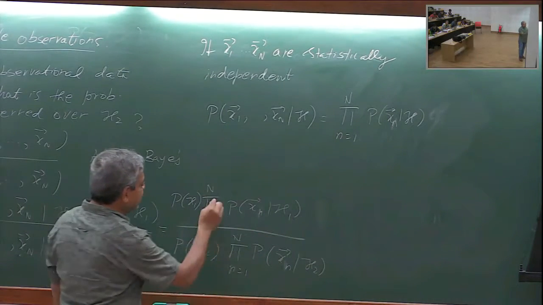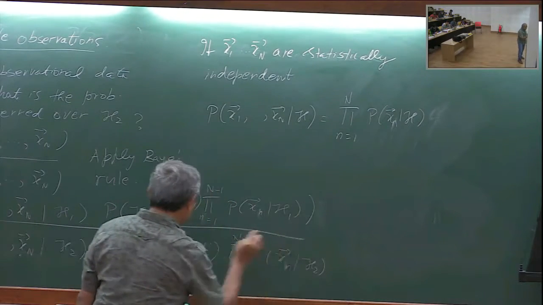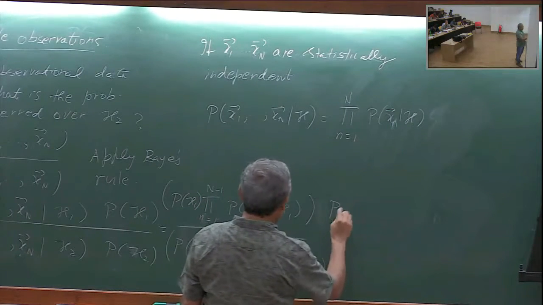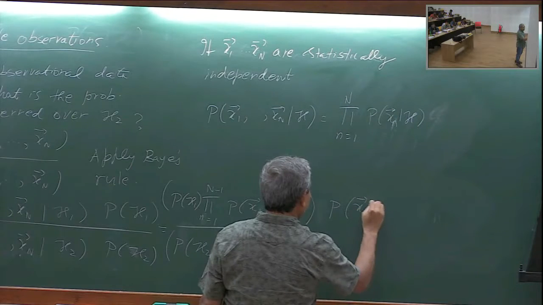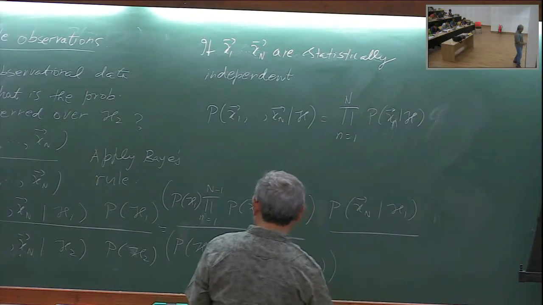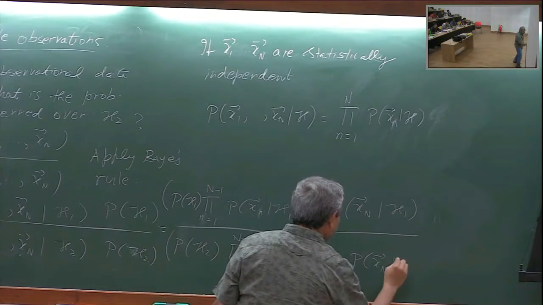It's easy for me to do it here. So I'm going to put a bracket around each, and then I'm going to say multiplied by the probability of just the nth one, xn given h1, divided by the probability of xn given h2.